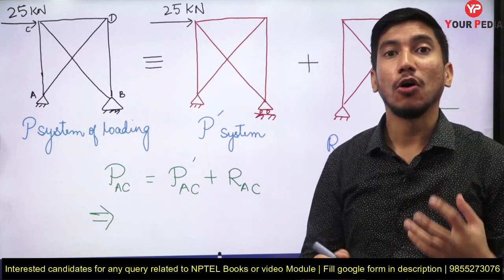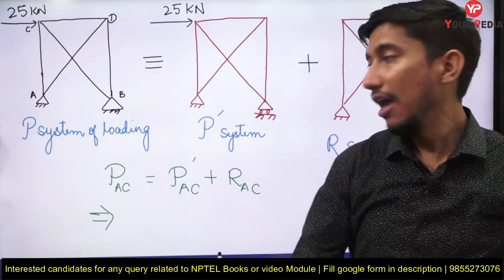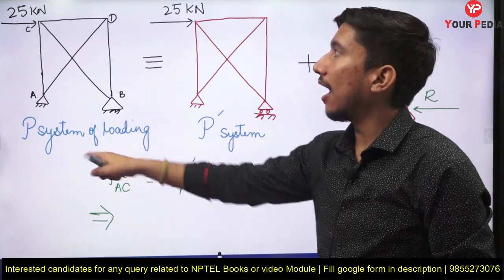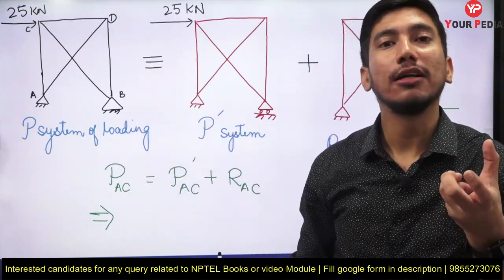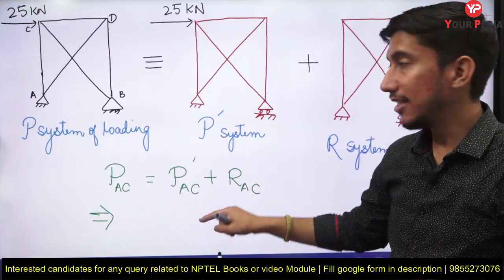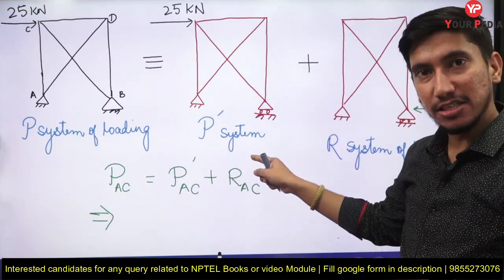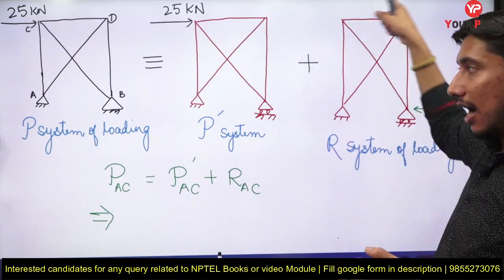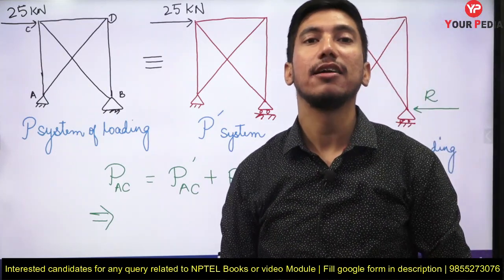So according to the method of superposition, the force in member AC under our real loading condition, the P loading condition, is equal to the force in member AC under the P dash system of loading plus the force in member AC under the R system of loading, our redundant system of loading.